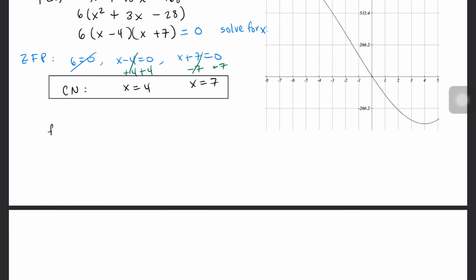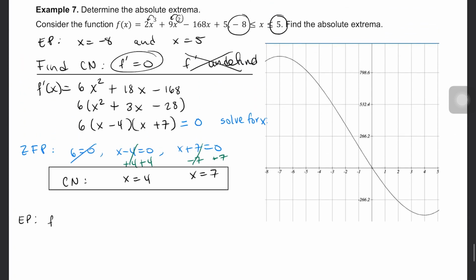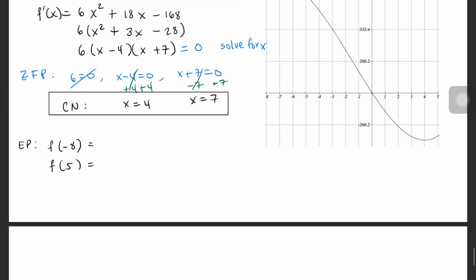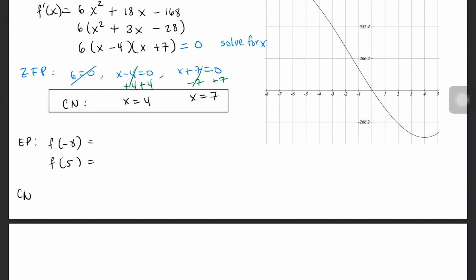So we're going to compare the endpoints, which are -8 and 5. And then we're going to do the same thing for the critical numbers: f of 4 and f of -7.